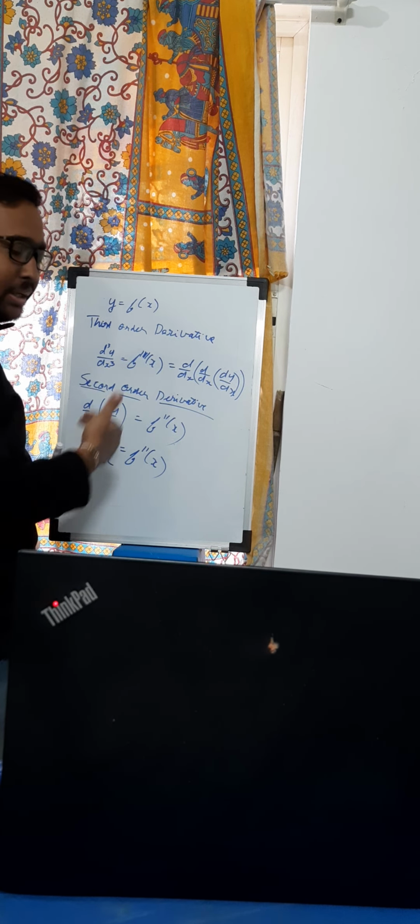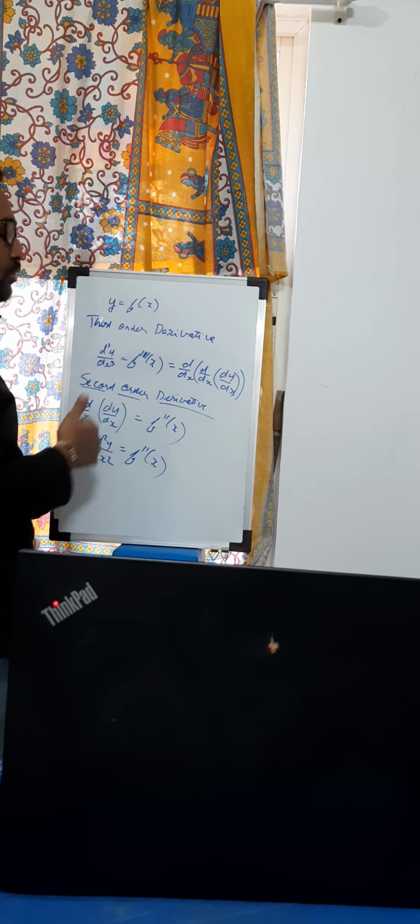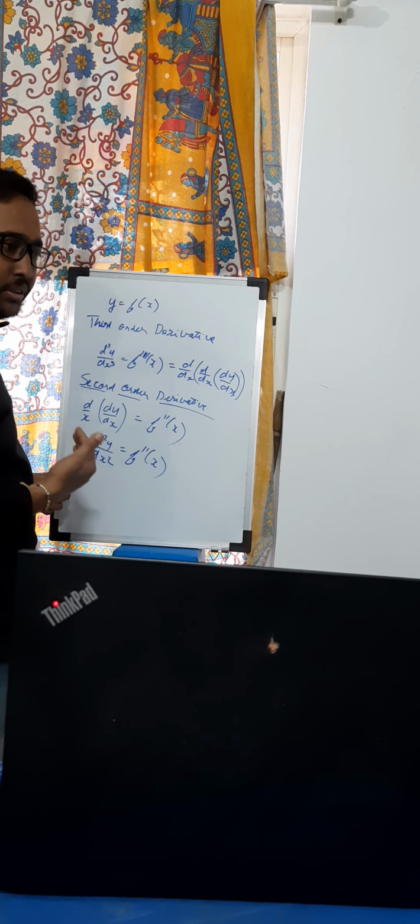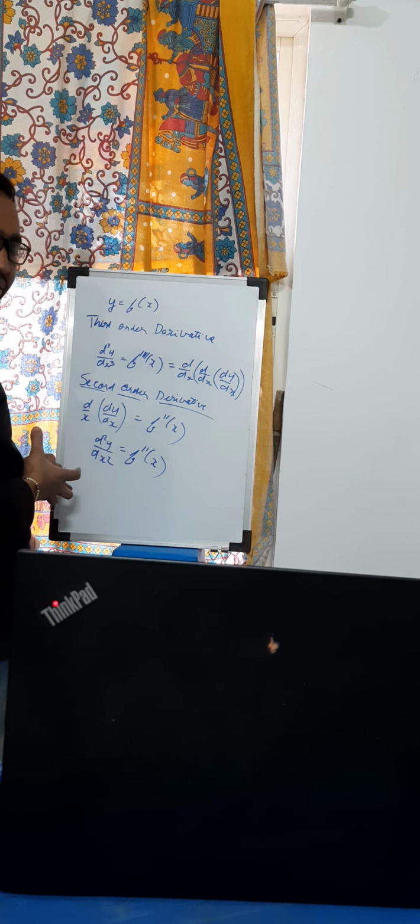So there are multiple orders of derivative, and we keep on finding them till they become 0.